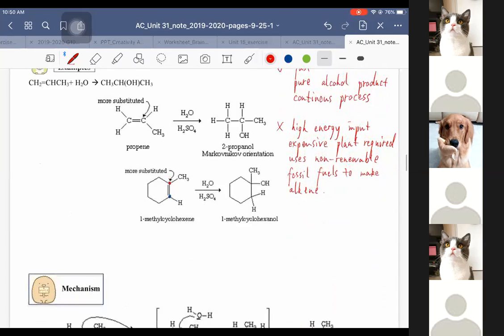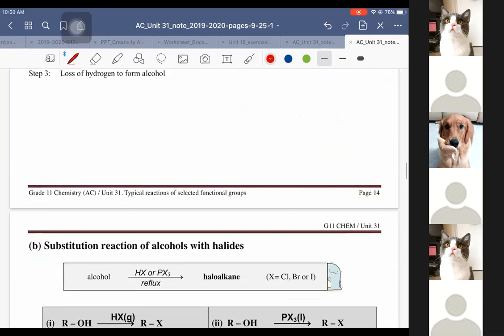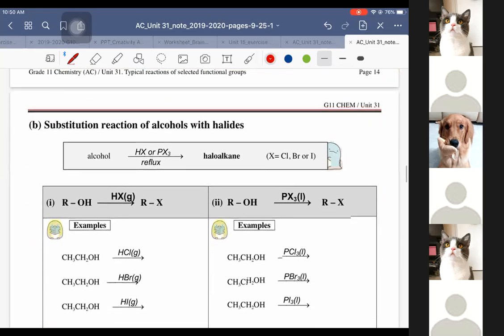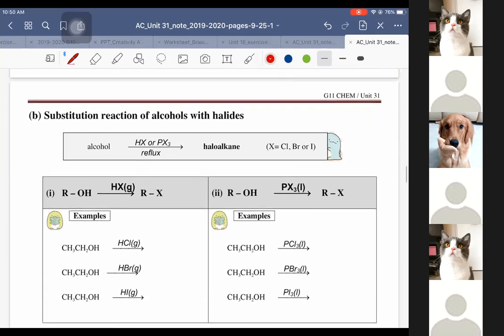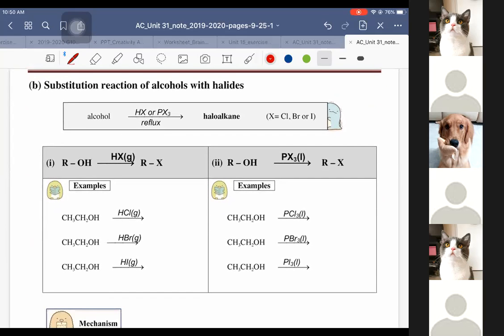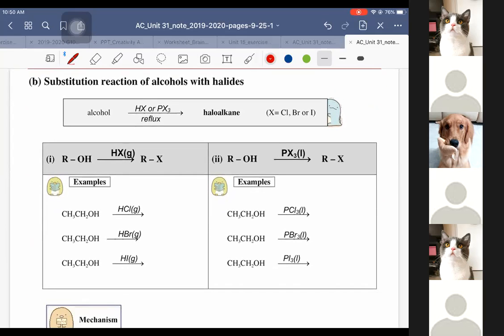Now let's move on to the second reaction. It's the substitution reaction of alcohol with halide. In this reaction, you will see two types of reactants used here. It can be HX, where X can be chlorine, bromine, or iodine.